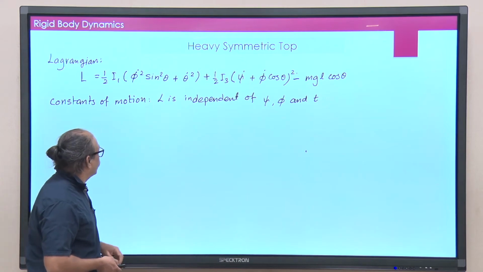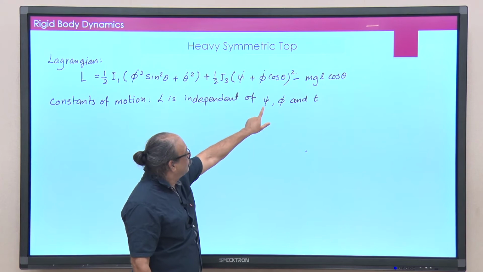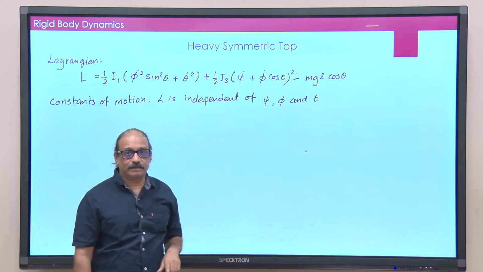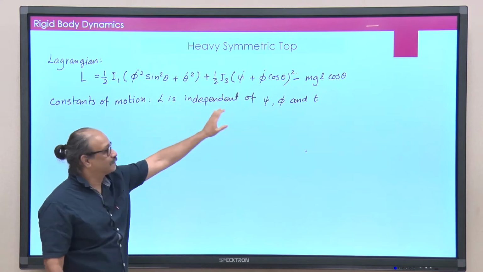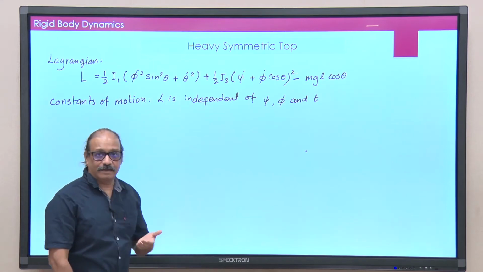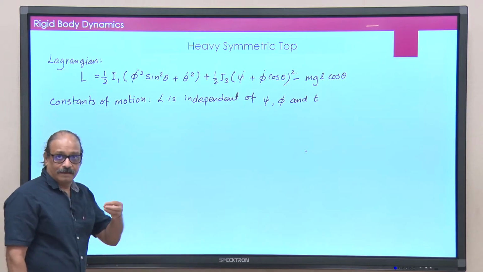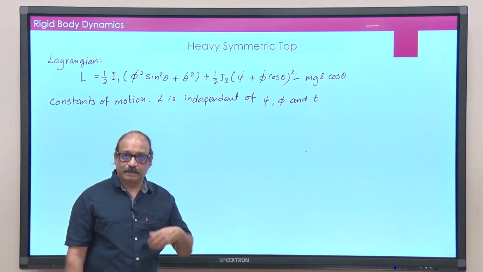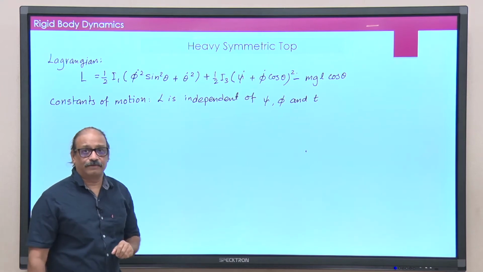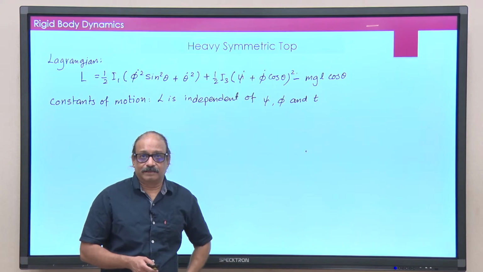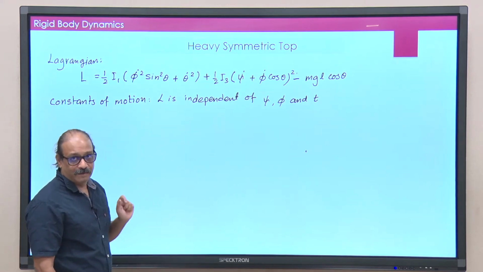So, look at this Lagrangian, you immediately see that the coordinates psi and phi do not appear in this Lagrangian. So, they are straight away cyclic coordinates, and the corresponding generalized momenta will be conserved. It also happens that the Lagrangian does not have time explicitly built into it. That means the total energy must be constant.